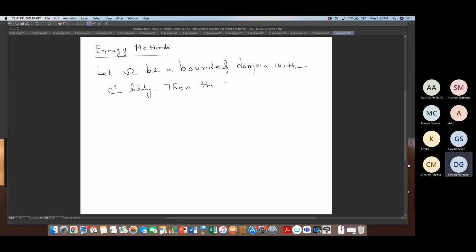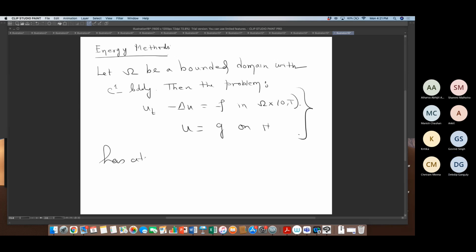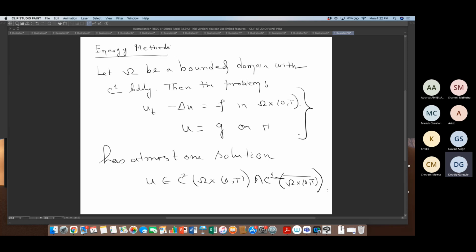Then the problem u_t minus Laplacian of u equal to f and u equal to g on gamma has at most one solution.